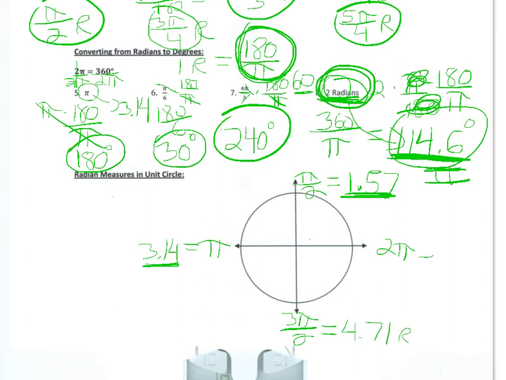And 2 pi, if you double pi, it's just 6.28 radians. So I just did that at the end. Just know that radians, about 90% of the time, you're going to see written in terms of pi, but not all the time. And that's what we did for number 8, and I related it to this right here when I take the radians and put them in terms of a decimal.